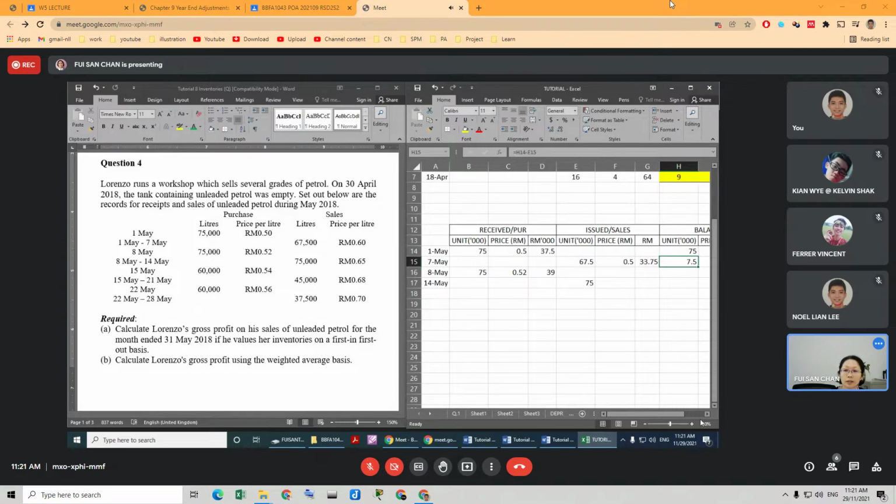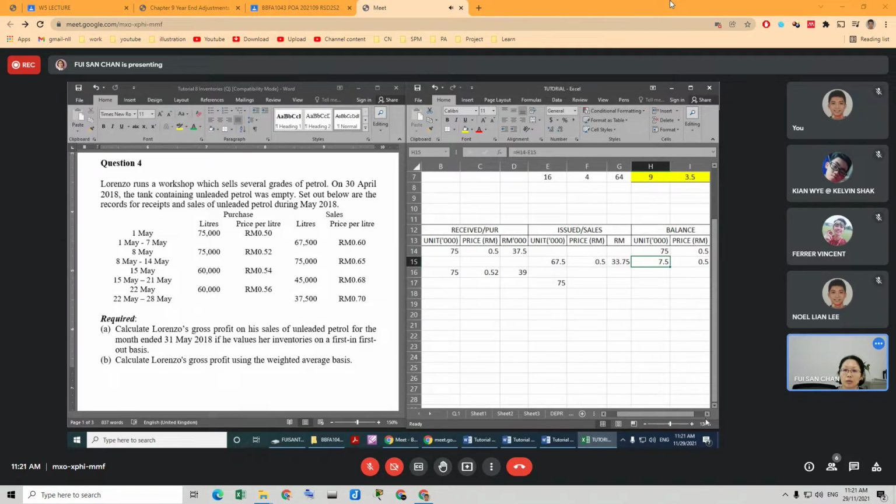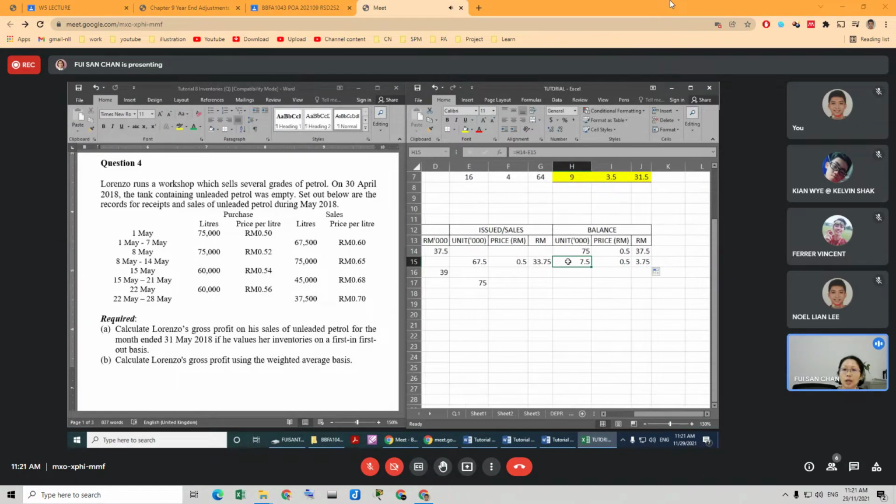Here, actually this one is to draw the line now. This one is on first May, and then this one is after 1 week. This is our balance, right?